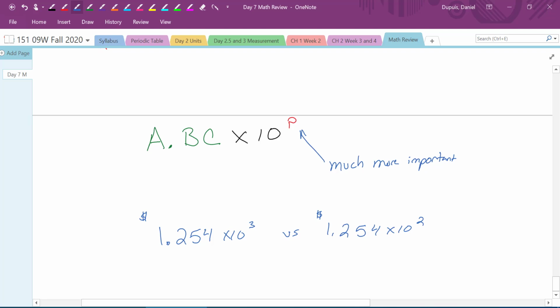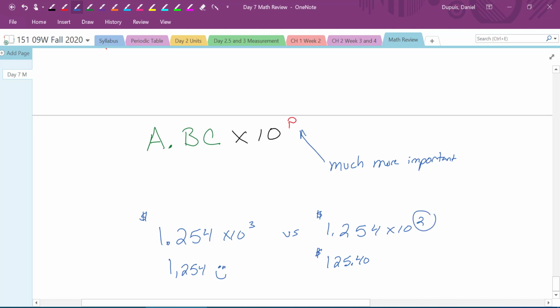Because this is $1,254 a week, which a lot of people, that's really nice. That's better than the median household income. This one would be $125.40 a week, which, again, I wouldn't turn down, but I don't want that to be my income, right? That's not a very good income at all, right? That's a big difference.